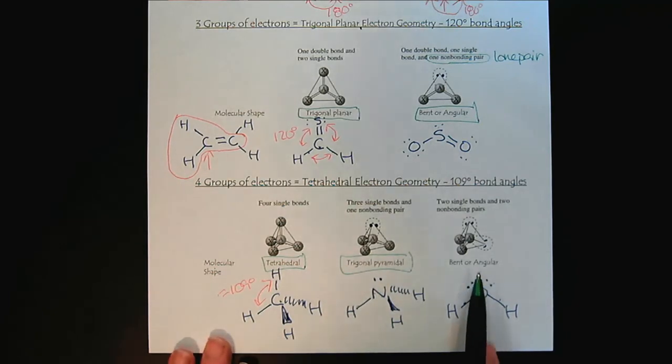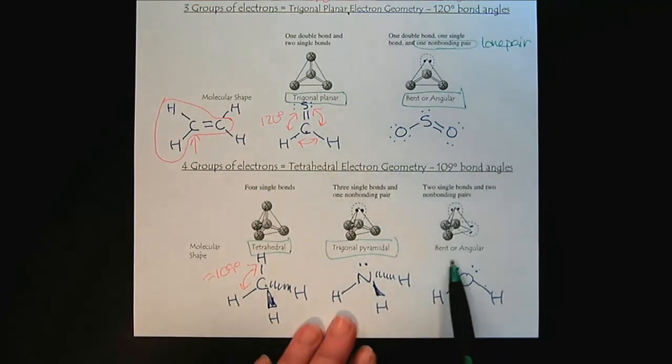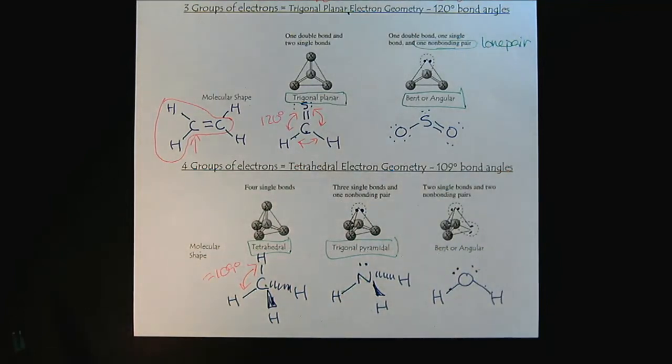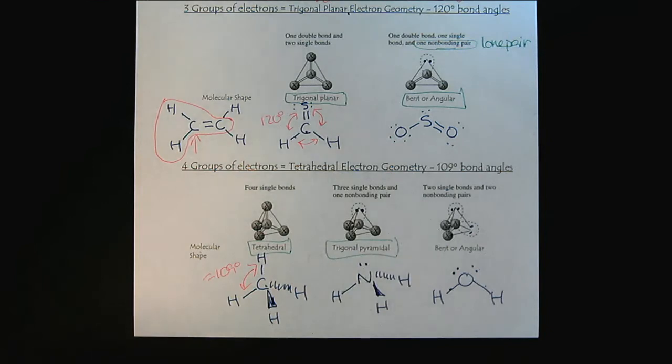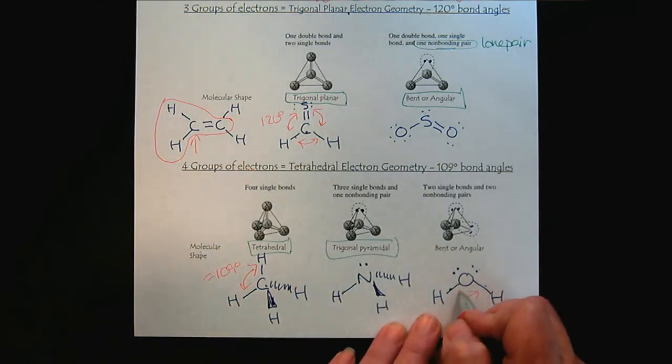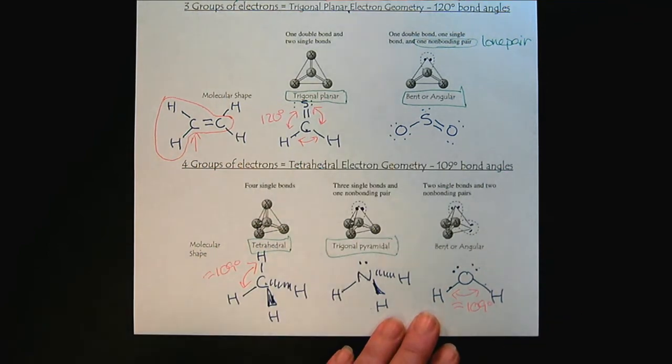And with water, this is another example of the bent or angular. The difference here, though, is because we have the tetrahedral electron geometry, this is going to be about 109 degrees.